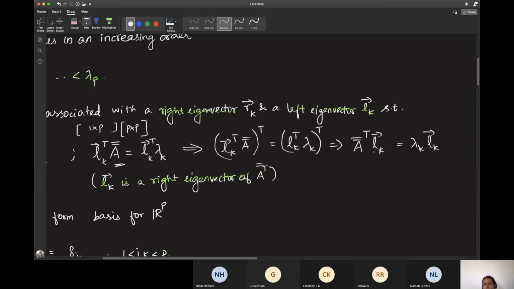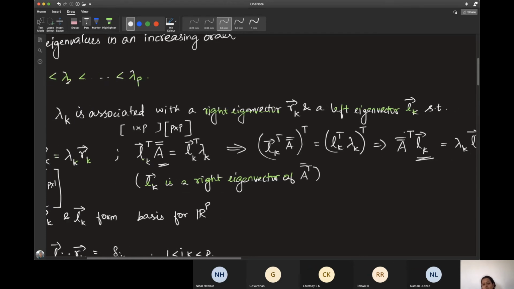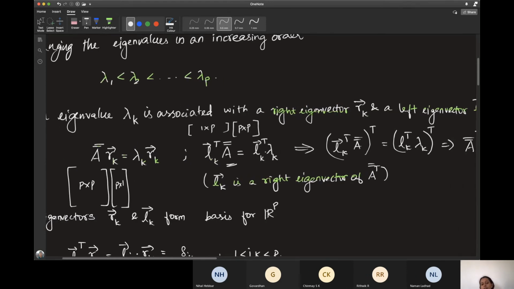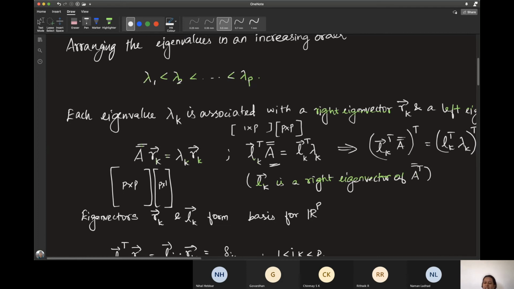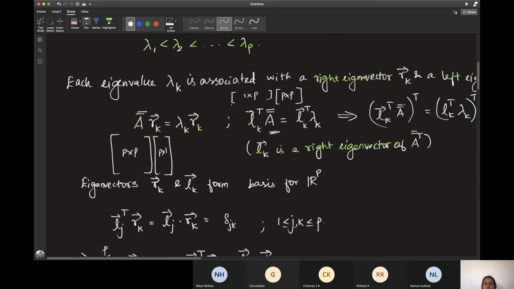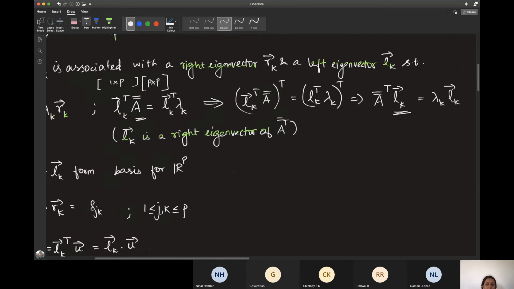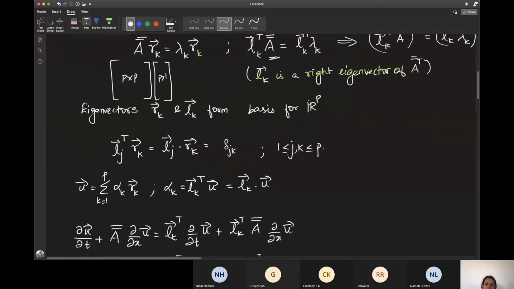So now your Lk vector is a right eigenvector for the matrix A transpose. The left eigenvector of matrix A becomes the right eigenvector of the matrix A transpose. This is just something to notice. We won't actually be using it here. However, we'll be using some good properties of the left and right eigenvectors.